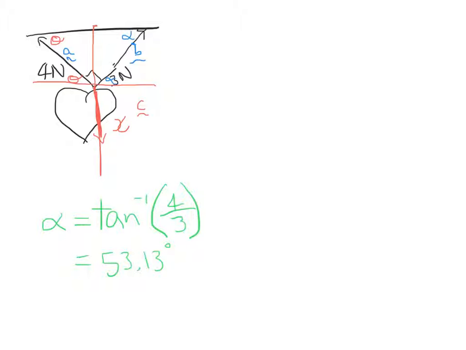Then all angles add up to 180, so I've got 53.13 plus 90, and take that away from 180, and theta is 36.87 degrees.